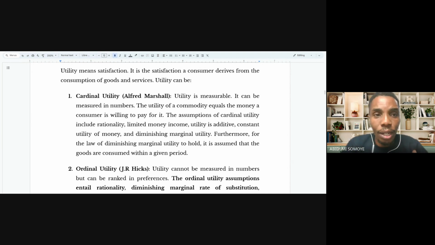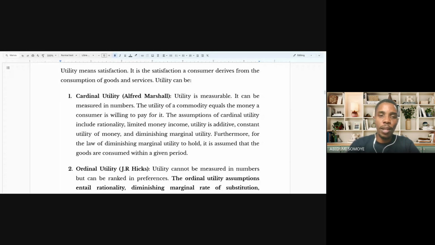Then limited money income. What you are going to buy is limited by the amount of money you have in your pocket. If you have $10,000, what you're going to buy is based on that $10,000 you have. Do you spend all, or do you spend less?